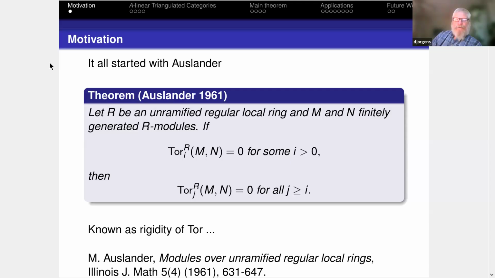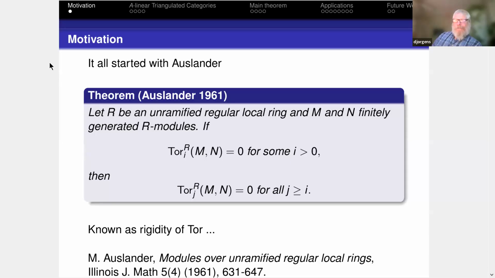And of course, people asked, well, what if it's not a regular ring? For example, what if it was a hypersurface ring, which is in some sense the next best thing to being regular? Well, there are pretty easy counterexamples to this over a hypersurface.